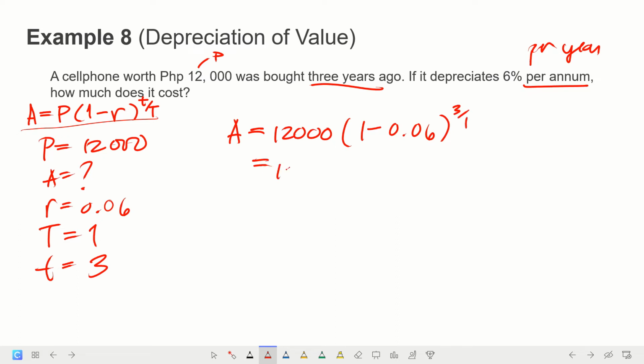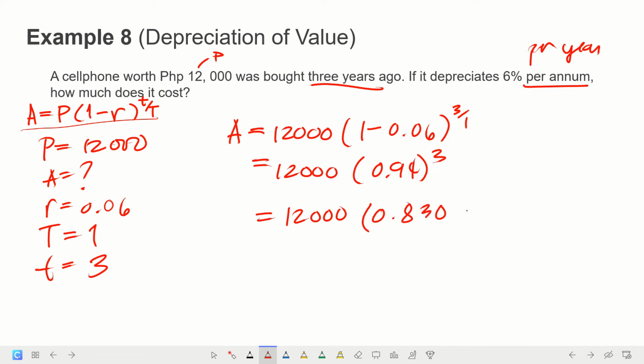So, equals 12,000 times 1 minus 0.06 is 0.94 raised to 3, and 0.94 raised to 3 is equal to 0.830584 times 12,000.